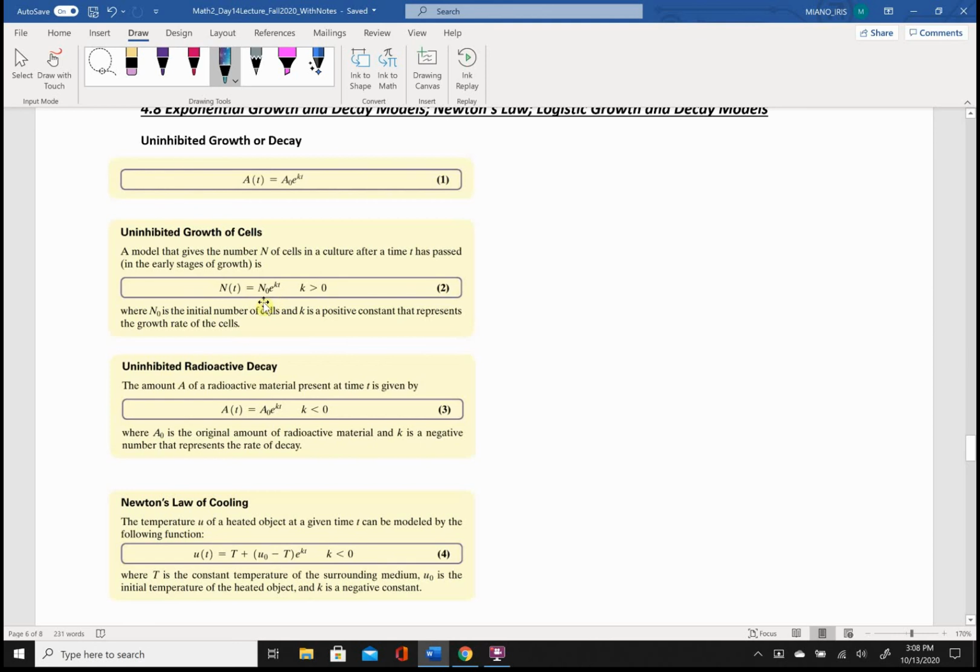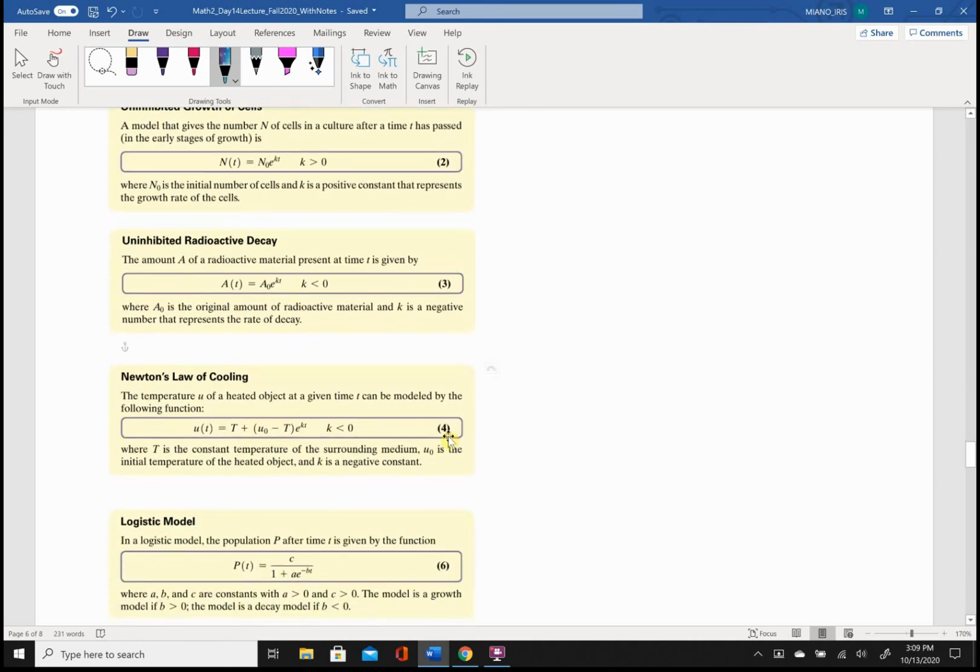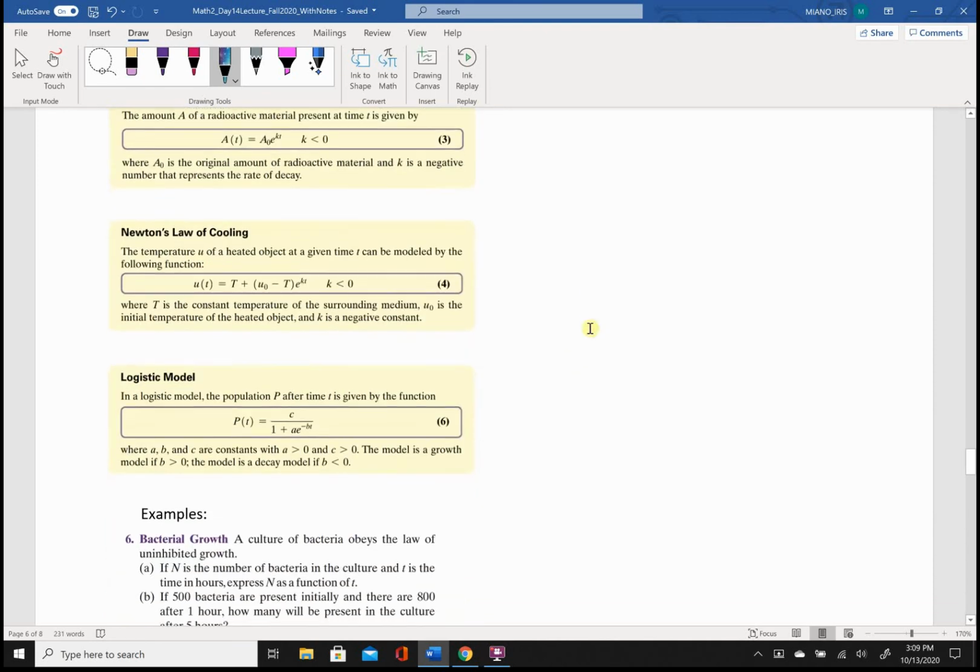We have an initial value, n sub naught or a sub naught, depending if you're talking about growth or decay respectively. We have e to the kt factors as well. K is going to be positive if we're talking about growth, and K is going to be negative when we're talking about decay.